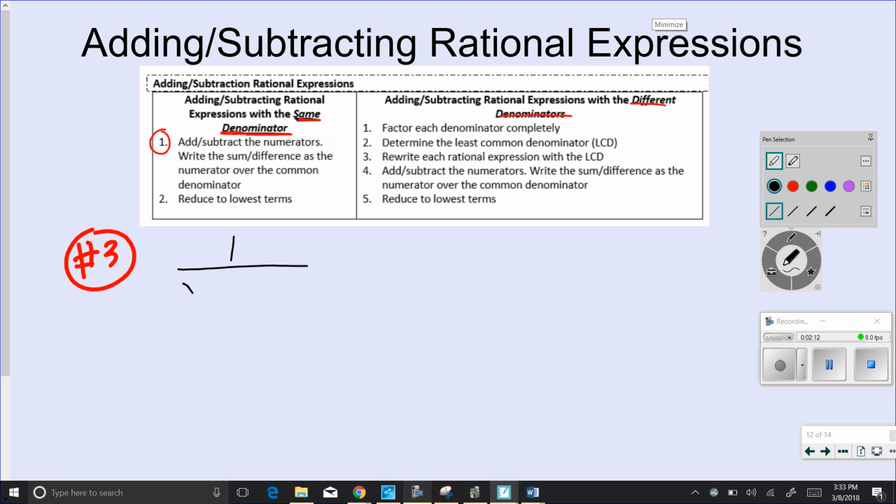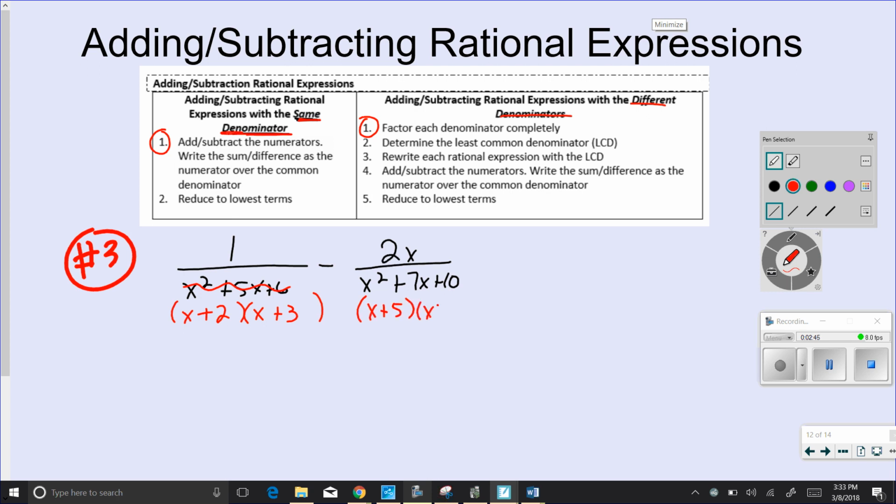So you've got 1 over x squared plus 5x plus 6 minus 2x over x squared plus 7x plus 10. In order to get common denominators, step 1 tells us we need to factor each denominator completely. So factoring x squared plus 5x plus 6, we get x plus 2 and x plus 3. Second fraction, factoring this out, you get x plus 5 times x plus 2.